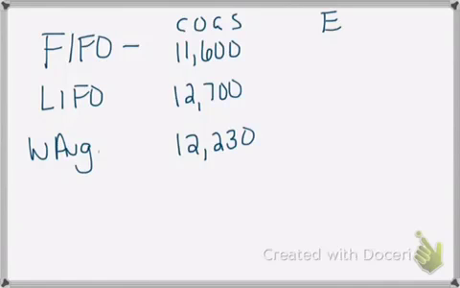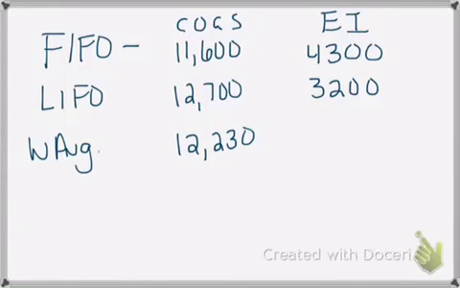In ending inventory for FIFO, we had $4,300. LIFO, we had $3,200. And for weighted average, we had $3,669. So what you find here are the comparisons.